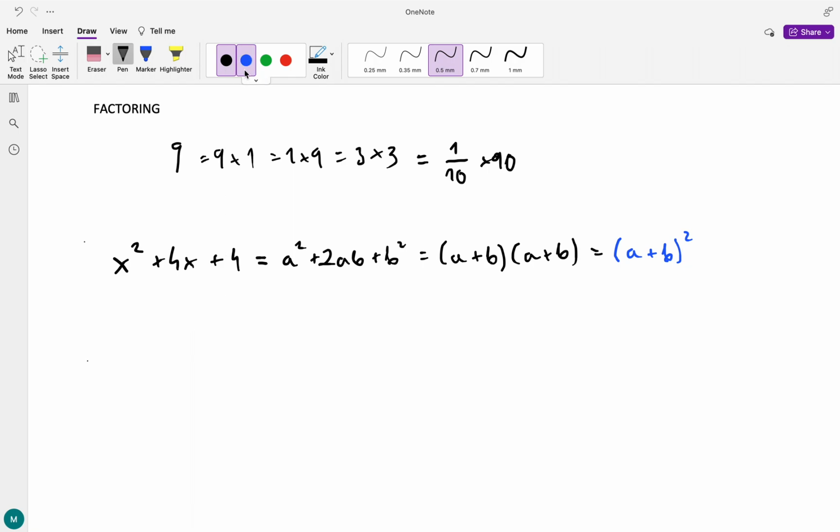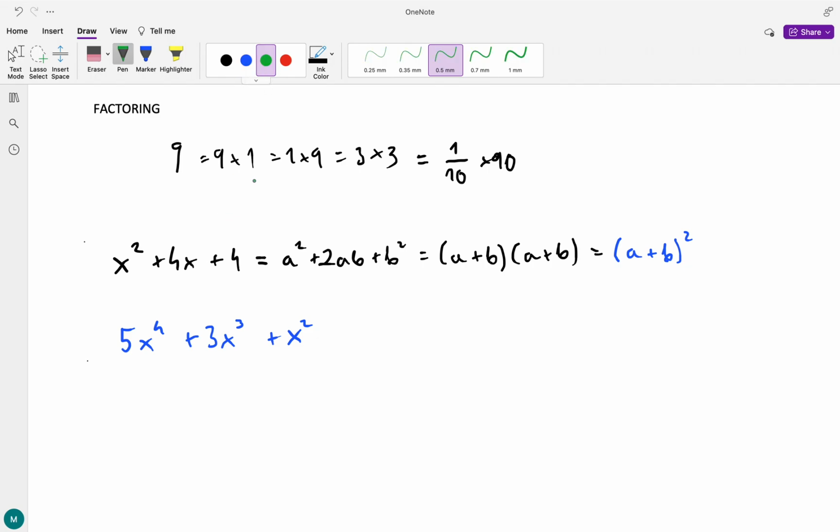Let's say we have a polynomial that goes like this: 5x to the 4th plus 3x to the 3rd plus x squared. And in this case, we can't really factor out a number other than 1, which is kind of pointless.